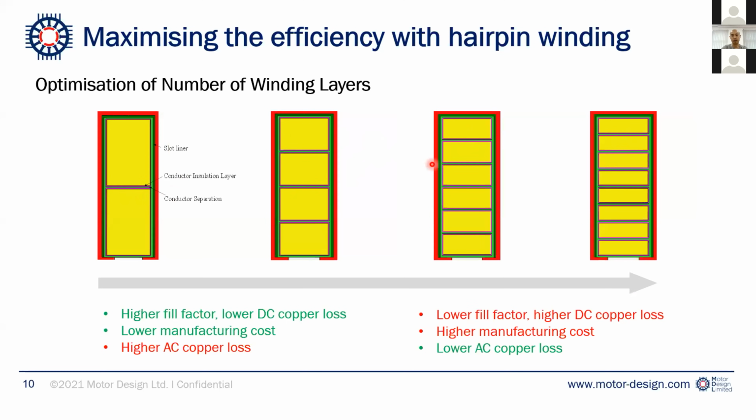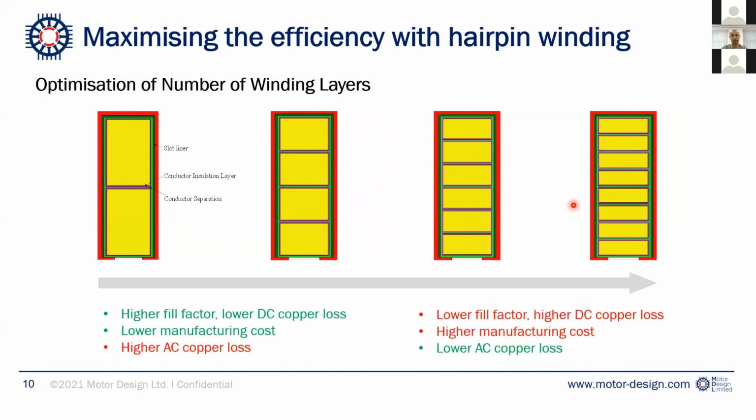So when we increase the number of layers we're using, we can normally reduce the AC losses for electric motors. But as you can see here, when we introduce more layers of winding, we also have more insulation layers. So that means the fill factor will reduce significantly as well.